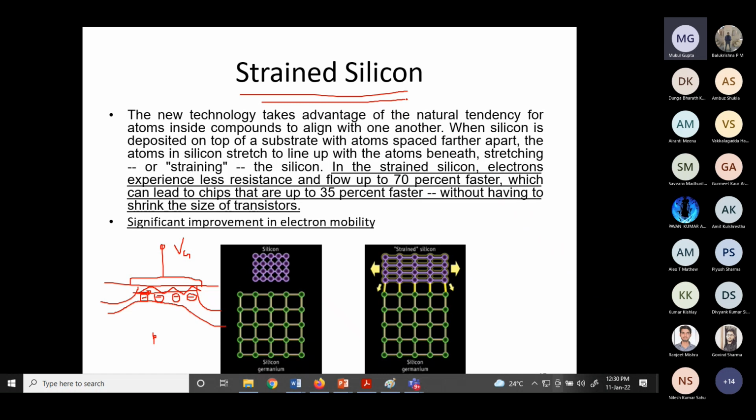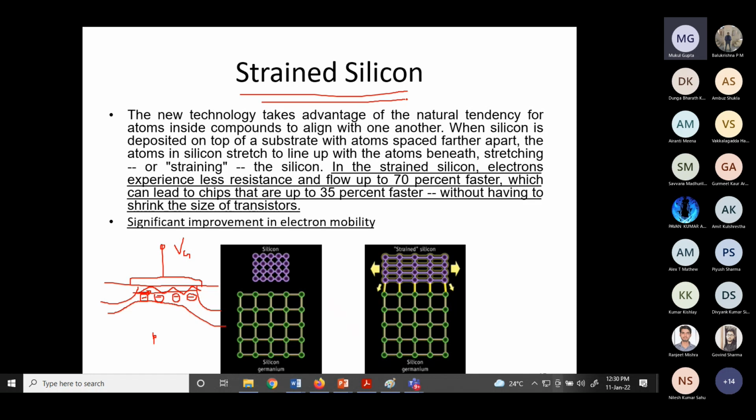Instead of silicon, they started using silicon germanium. Germanium has a lattice constant a little bit higher than that of silicon.